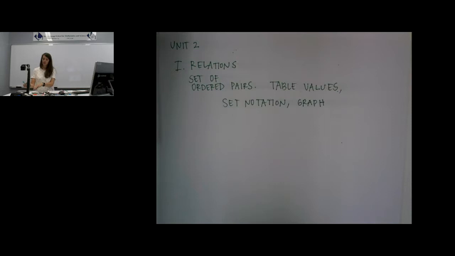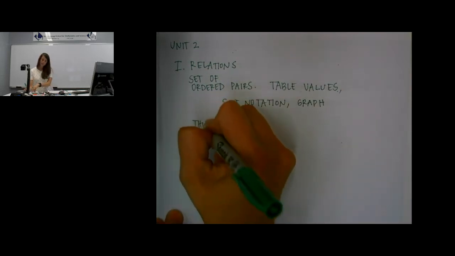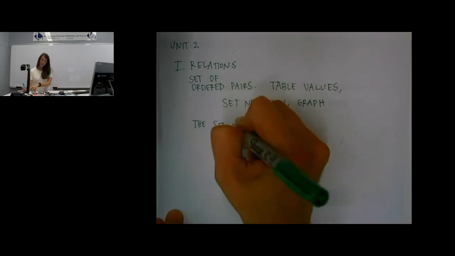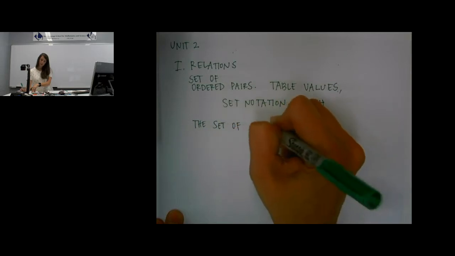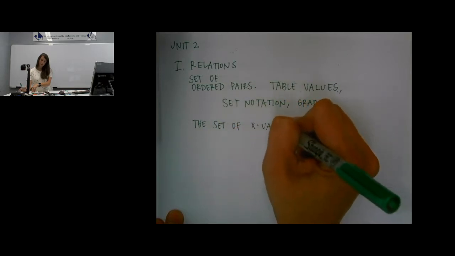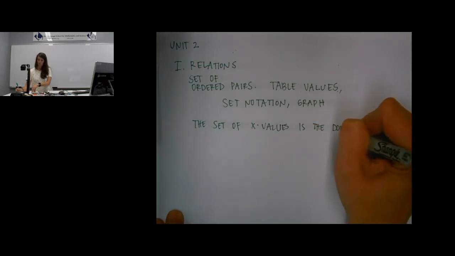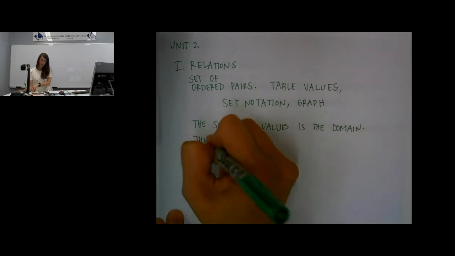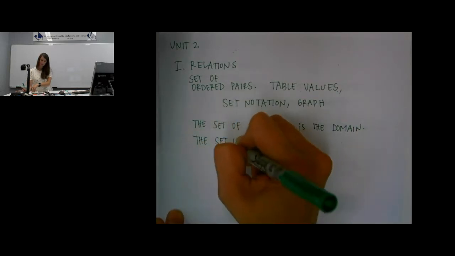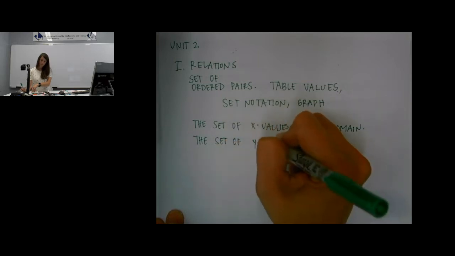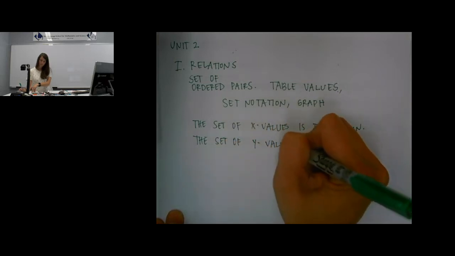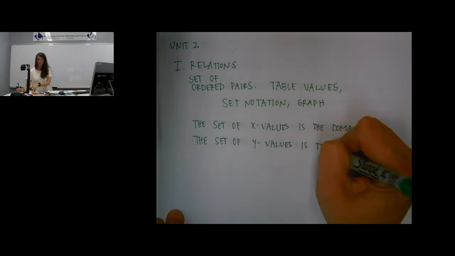The set of x values is your domain, and the set of y values is called the range.